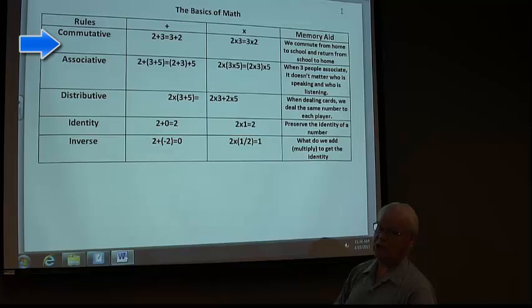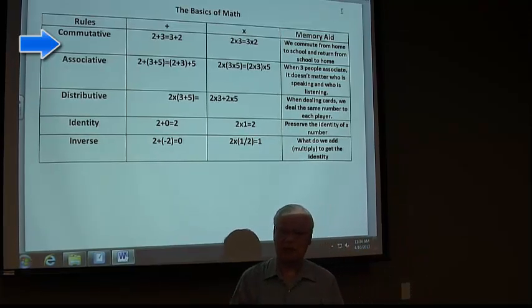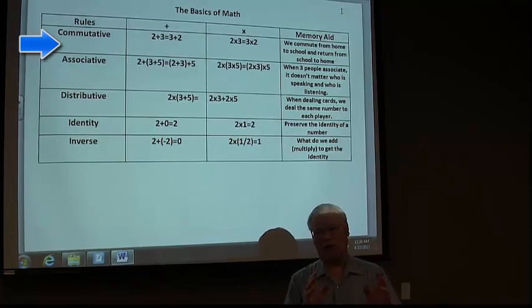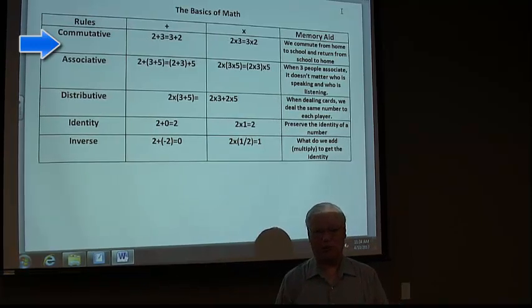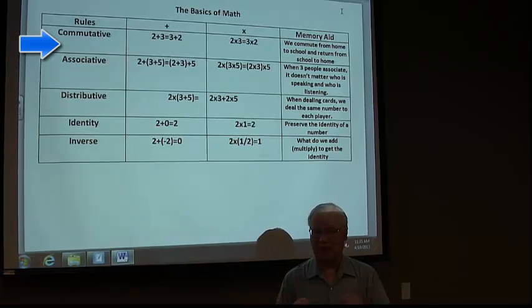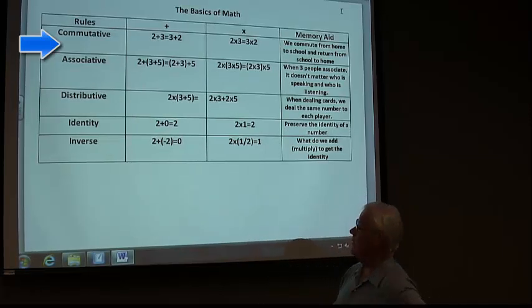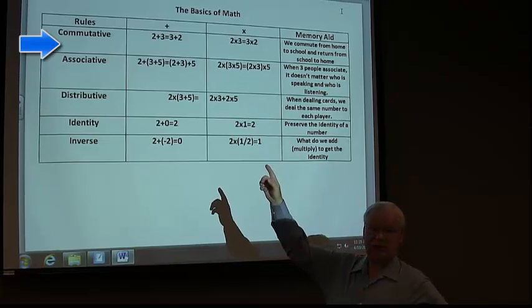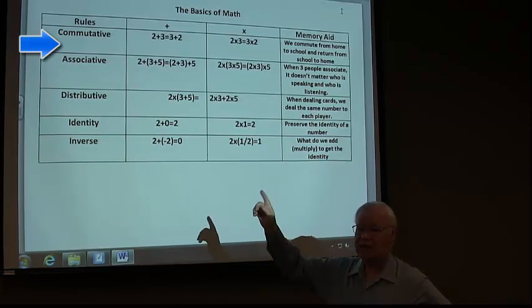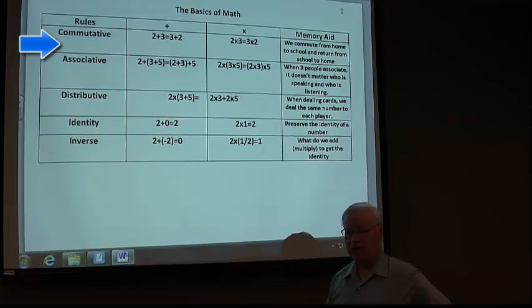The first rule is called the commutative rule. It comes from the word commute, which means to reverse. So if I were to commute from home to school and later in the day go from school back to home, the distance is the same both ways. But I've reversed the operation. Both addition and multiplication are commutative, meaning that if I have 2 things and somebody gives me 3 more, I end up with the same amount as if I'd started with 3 and somebody gave me 2 more.